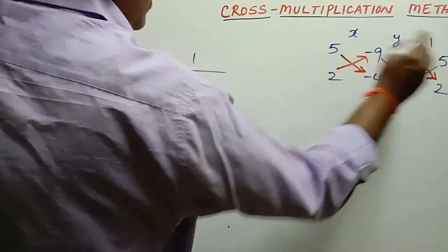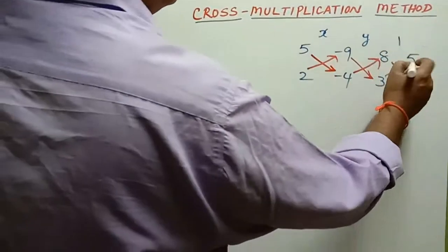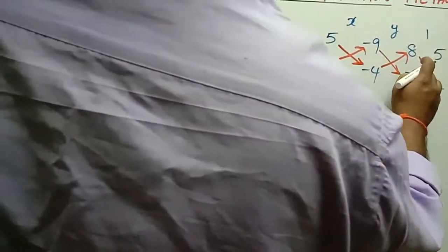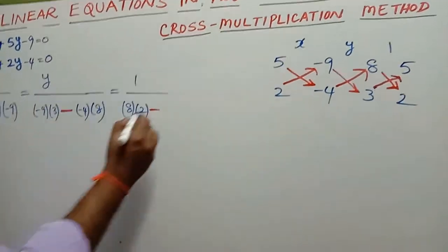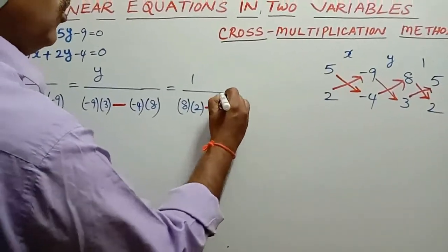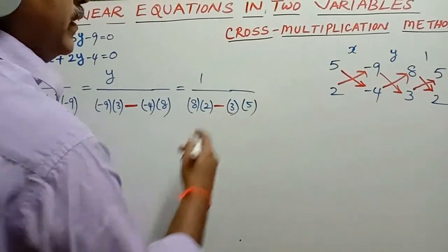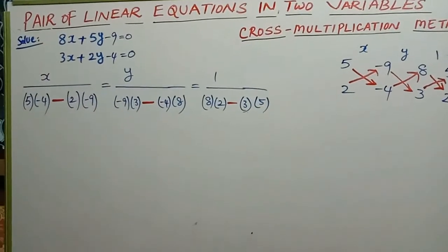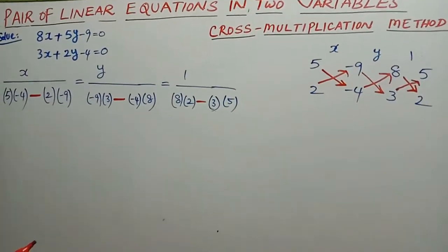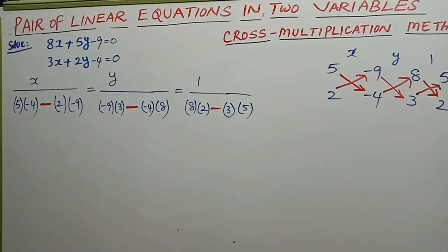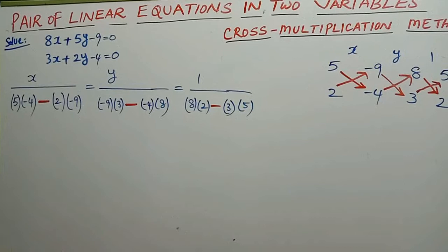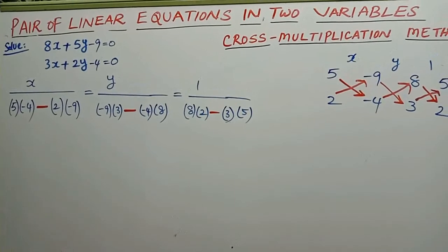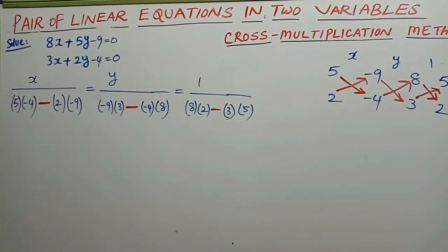So 5 into minus 4, formula minus 2 into minus 9, and minus 9 into 3, and formula minus 4 into 8, and 8 into 2, minus 3 into 5.